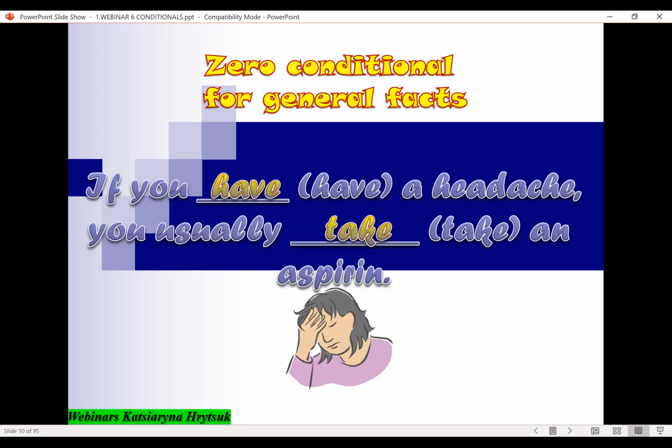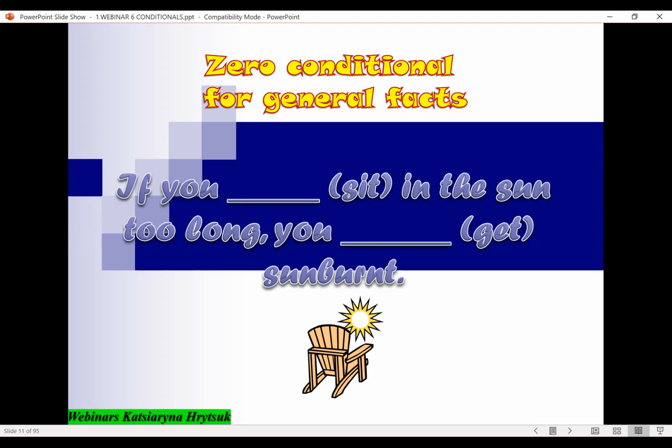If you sit in the sun too long, you get sunburned. If you sit in the sun too long, you get sunburned.